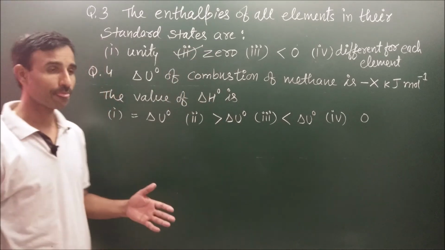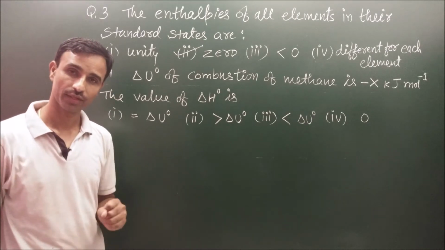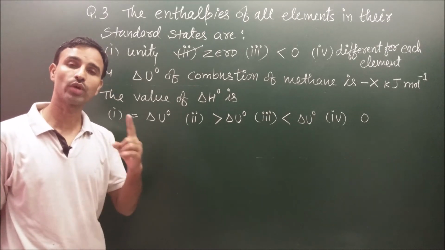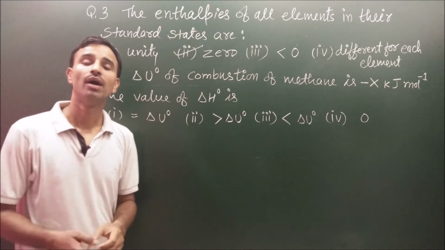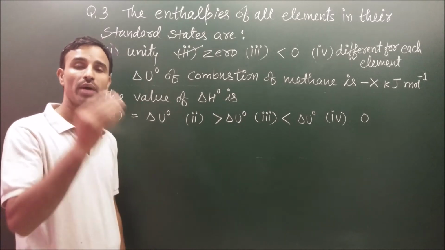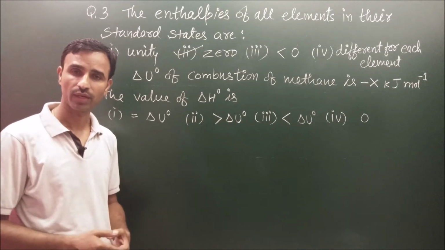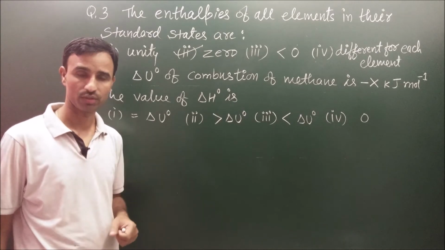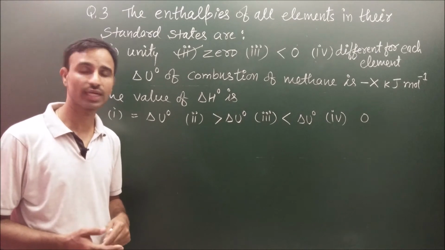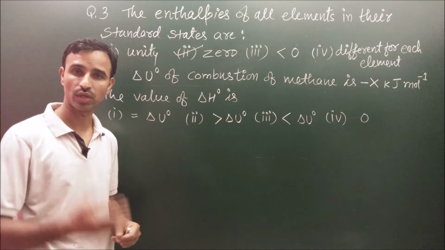But like oxygen, its standard state is O2 gas. Means standard state means at 1 bar pressure and at constant temperature. Normally we take it as 298 Kelvin, means at room temperature.